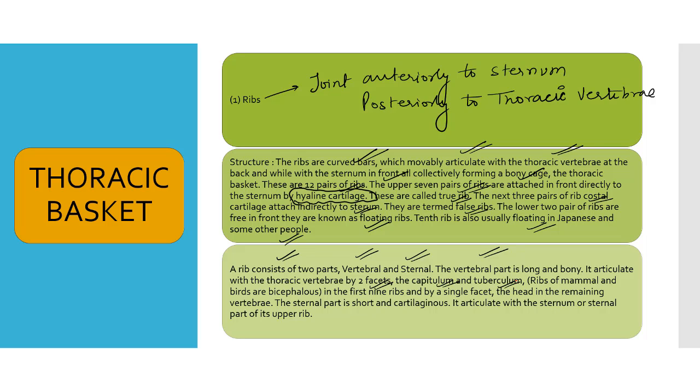Ribs of mammals and birds are bicephalous, very important, in the first 9 ribs, and by a single facet, the head, in the remaining vertebrae. The sternal part is short and cartilaginous. It articulates with the sternum or the sternal part of its upper rib.